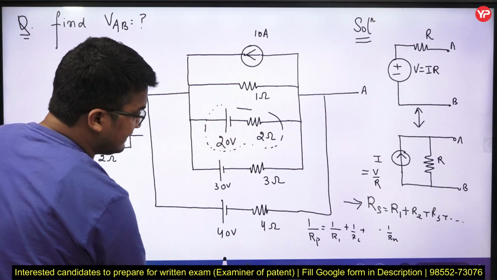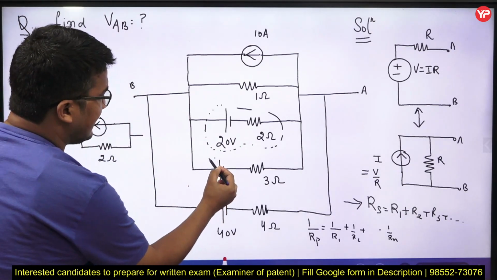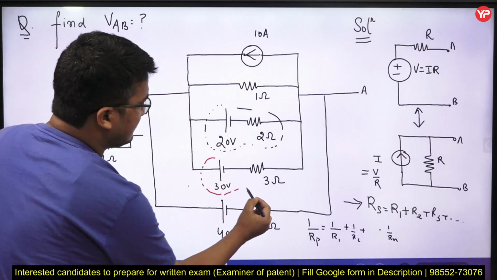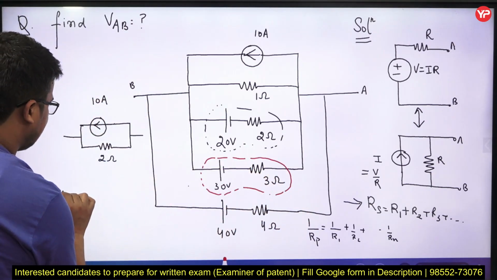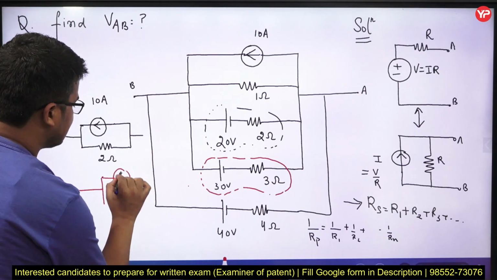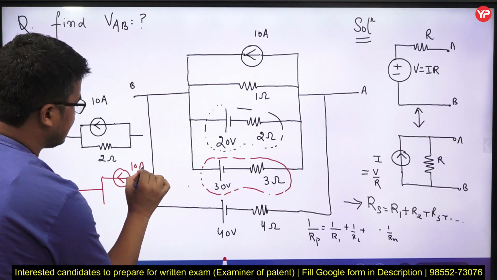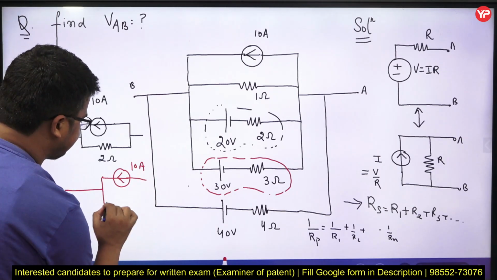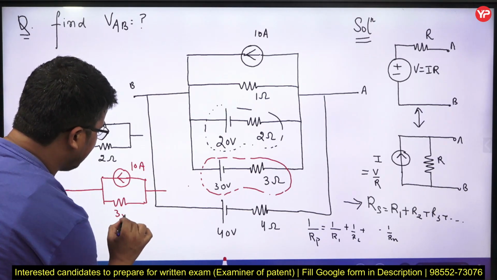Similarly, I can do the analysis for this branch also. If I convert this into a current source, I get a transformation like this one. Again my current source will be 30 by 3, that is again 10 ampere, and I will have a resistance of 3 ohm. So it's a very simple process.